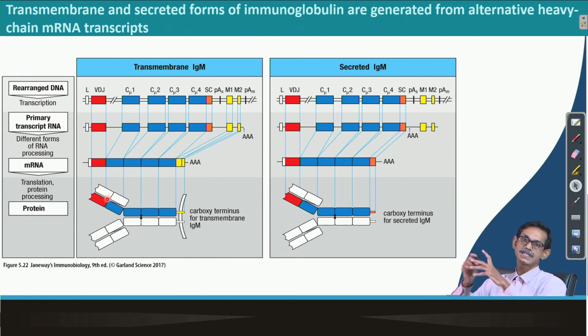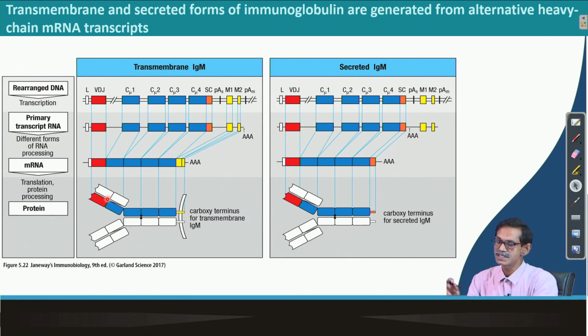That is why we say that every B cell will produce a single type of antigen specificity, because once VDJ recombination gives a specific specificity against a particular antigen, that remains constant, it is not changing, and the same VDJ acts as receptor and is also secreted as antibody. So, there is no change. Throughout the life cycle of one B cell, it may change by hypermutation, but once it is changed, this VDJ will remain the same.